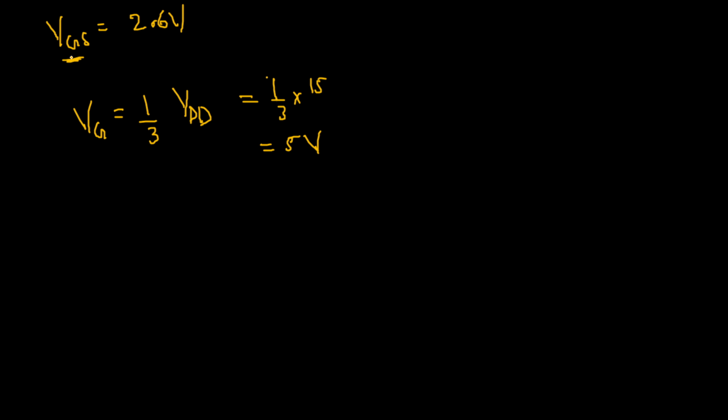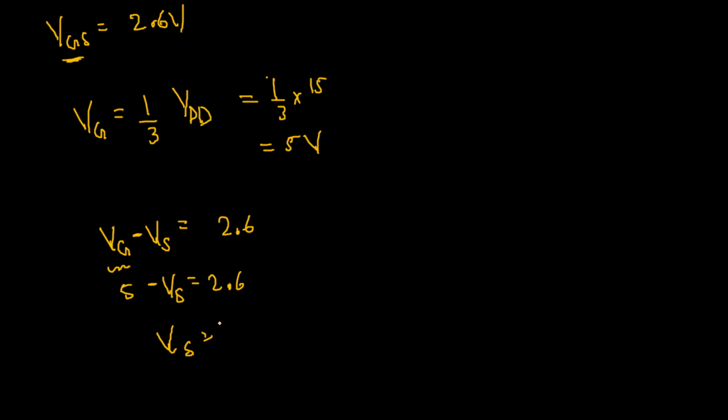So like the name suggests, VGS is the potential difference between the gate and the source, right? So that would be VG minus VS is equal to 2.6, and we just found VG to be 5, right? So 5 minus VS is equal to 2.6. So this is correct.